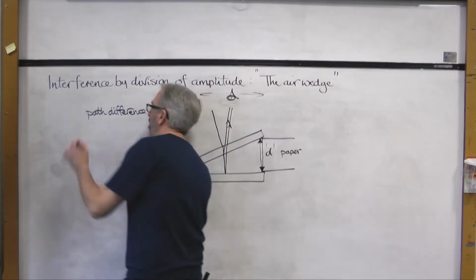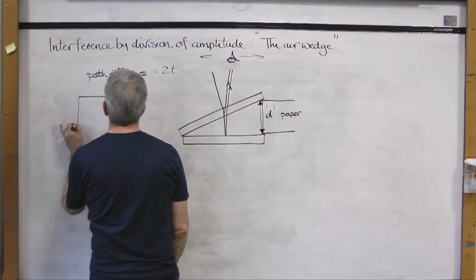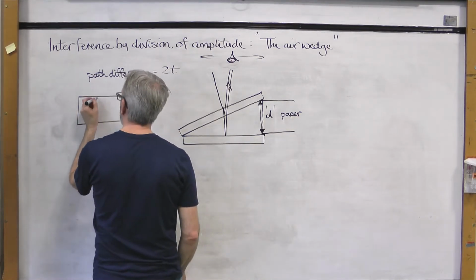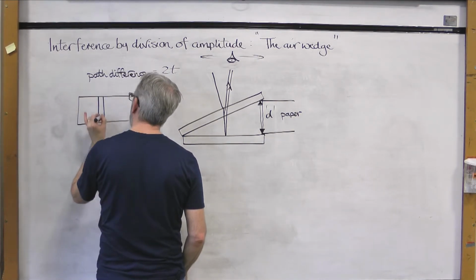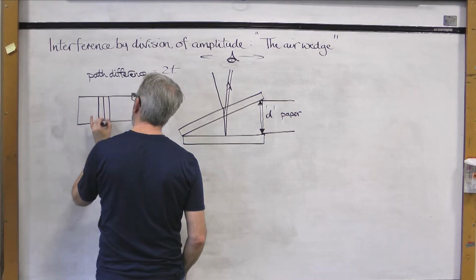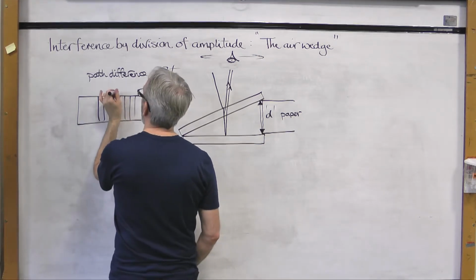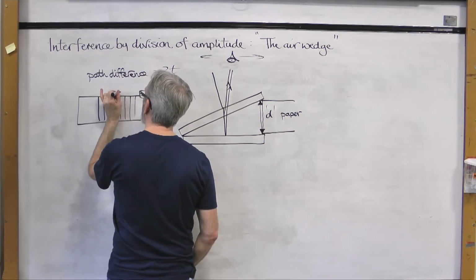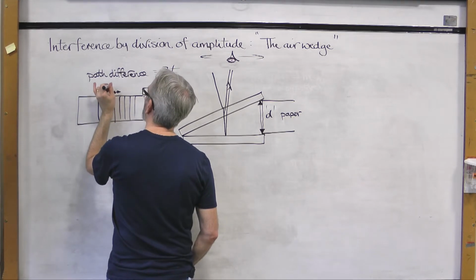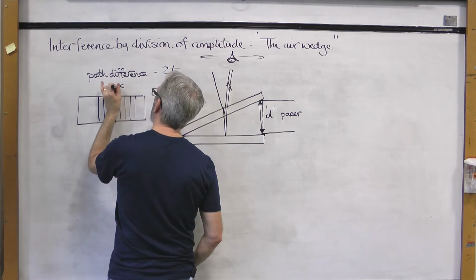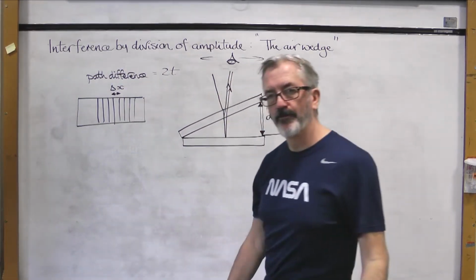You'll see a pattern like this. You'll see a dark line, light line, dark line. That will go light, dark, light, dark, and so on. And the distance between those fringes is the fringe separation delta x.